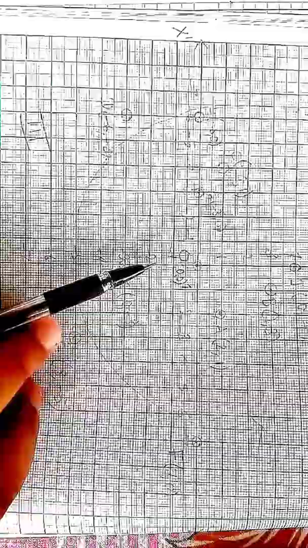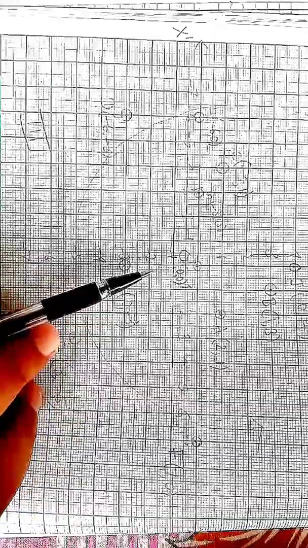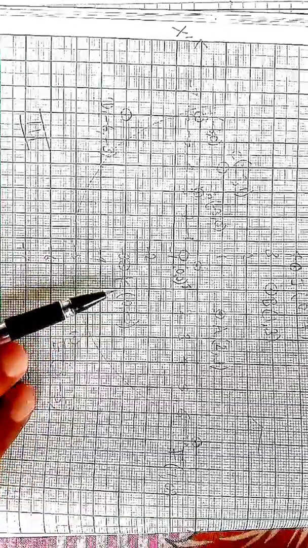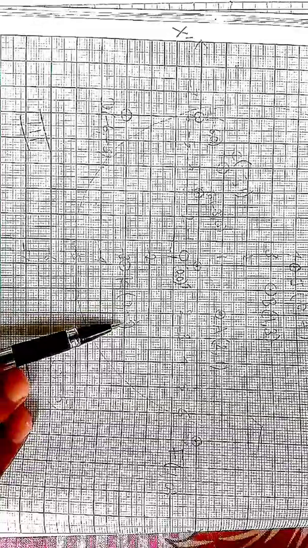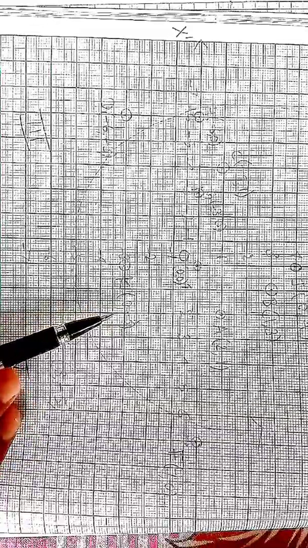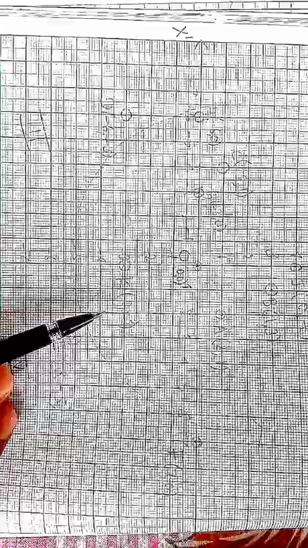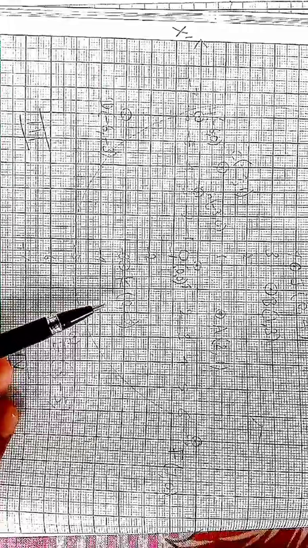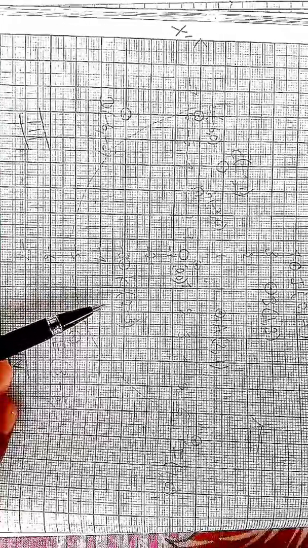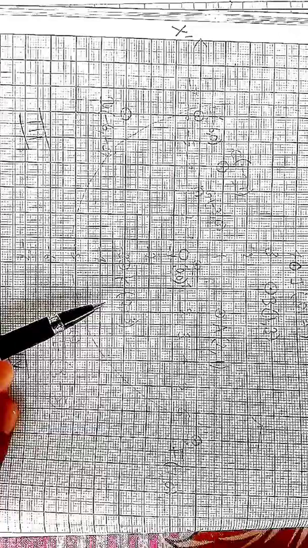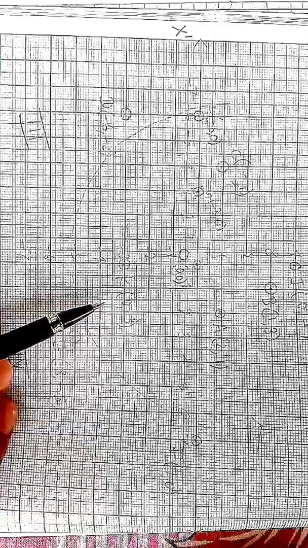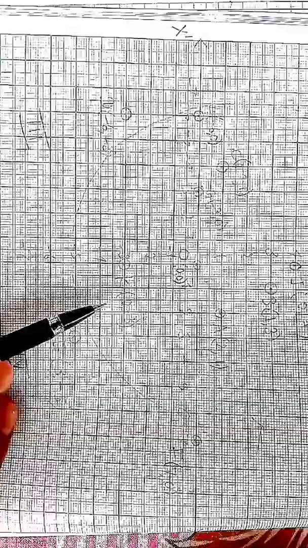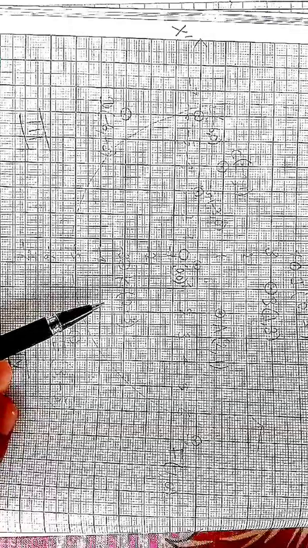Likewise, we can say that a point on y-axis is of the form 0 comma y, because it lies on y-axis, so its distance from y-axis is 0, hence its x coordinate is 0, and y coordinate varies according to the distance of the point from x-axis.